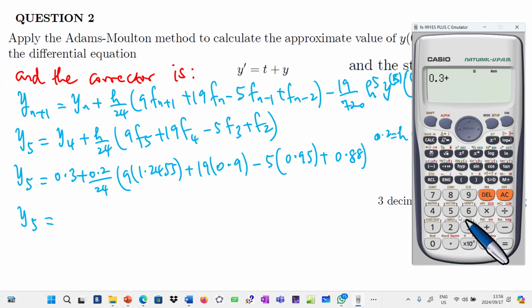0.3 plus 0.2 divided by 24, 9 times 1.2455 plus 19 times 0.9 minus 5 times 0.95 plus 0.88.